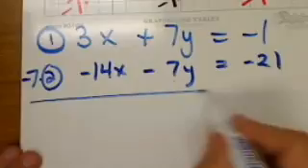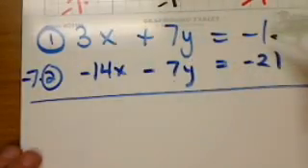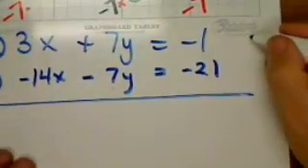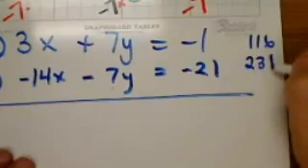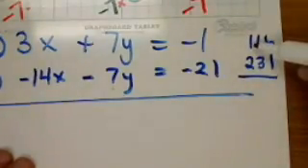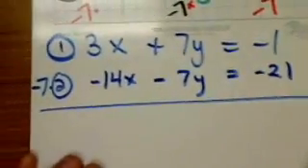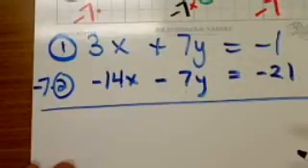Notice, just draw a nice line and add, and you add x's, y's, and units, just like you were adding numbers like 116 and 231. You would be adding hundreds, tens, units. In the same way here, I'm adding units, y's, and x's, just keep that in mind.